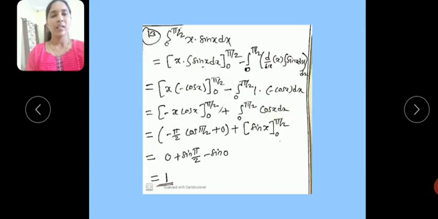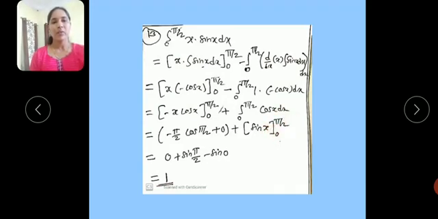Here, taking first the upper limit pi by 2 and then the lower limit 0. Here x is replaced by pi by 2: minus pi by 2 into cos pi by 2, plus 0, plus integration of cos x from 0 to pi by 2.